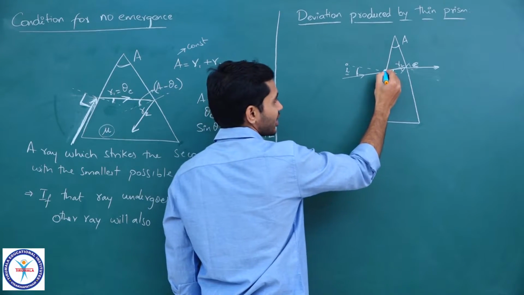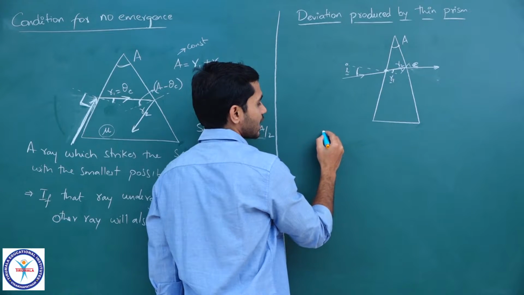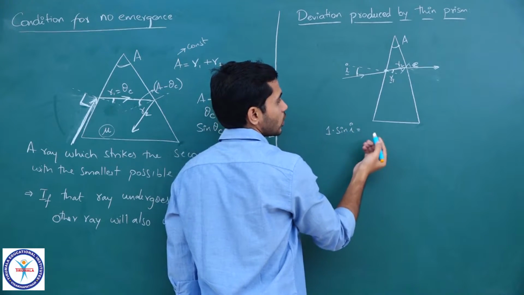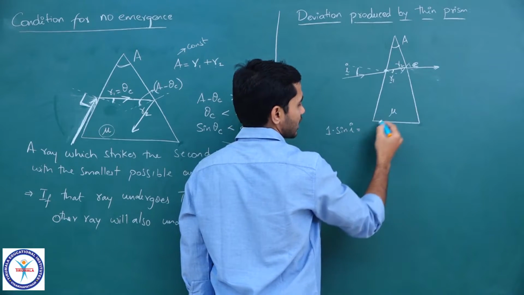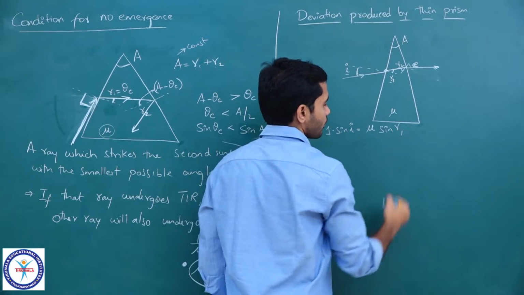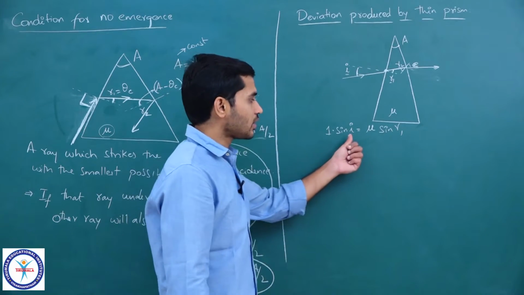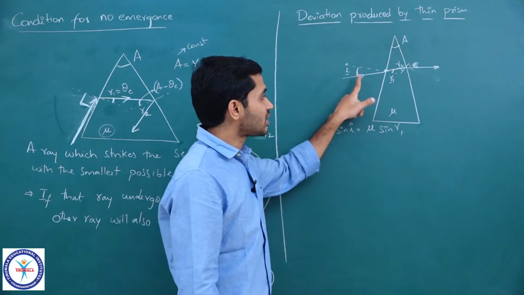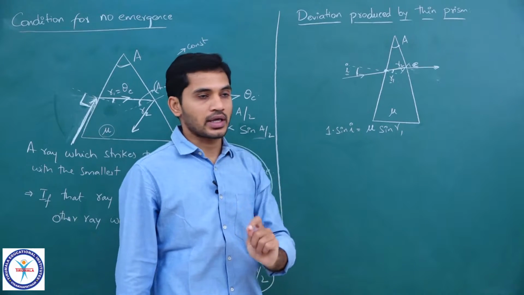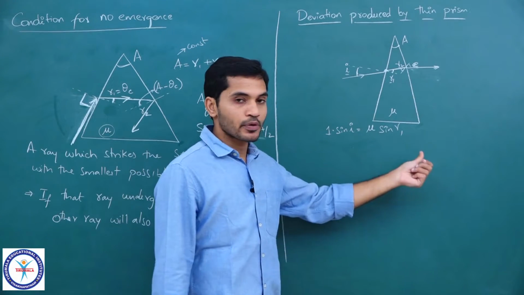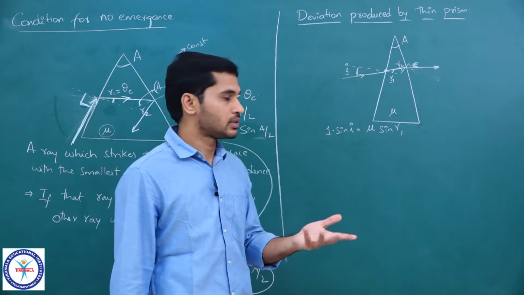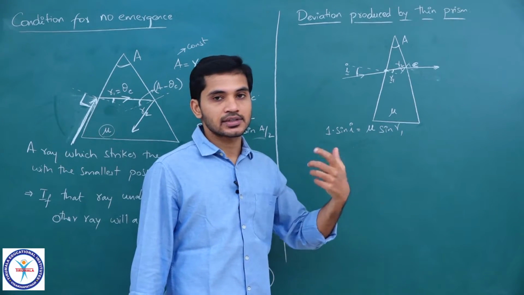So, if I write Snell's law at the first surface, I can write 1 into sin I is equal to mu, let us say the refractive index of this is mu, into sin R1. Once again I am reminding you, all the angles which you see here, I, R1, R2, E, A, are very small angles, which means I can make approximations. Sin I can be written as I, sin R1 can be written as R1.